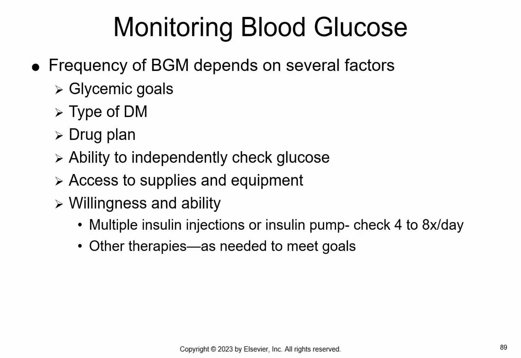The recommendation for people who use multiple insulin injections or pumps is to monitor their glucose 4 to 8 times a day. Patients using less frequent insulin injections, non-insulin therapy, or nutrition management may use it as often as needed to achieve their glycemic goals. People who perform BGM use portable blood glucose meters.